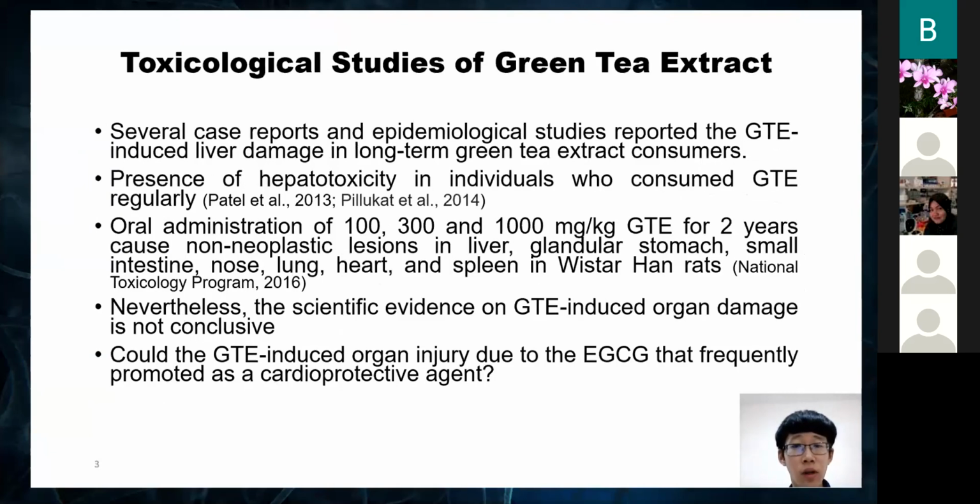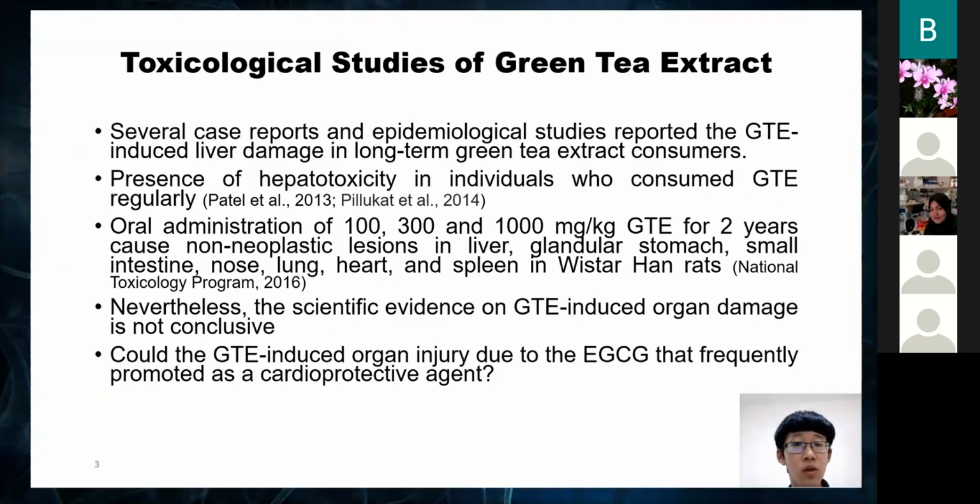Several case reports and epidemiological studies reported green tea-induced liver damage in long-term green tea extract consumers. In vivo studies have shown that green tea treatment caused non-specific lesions in various organs. However, the current evidence on green tea-induced organ damage is not conclusive.